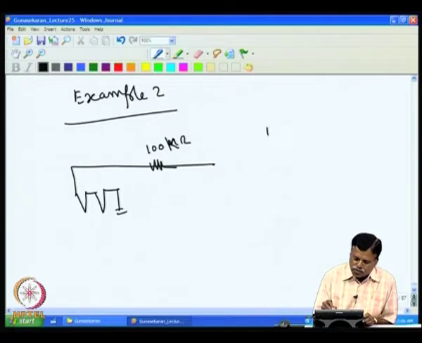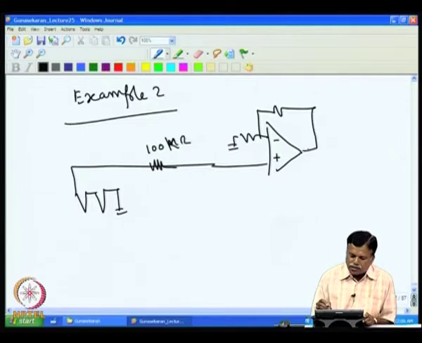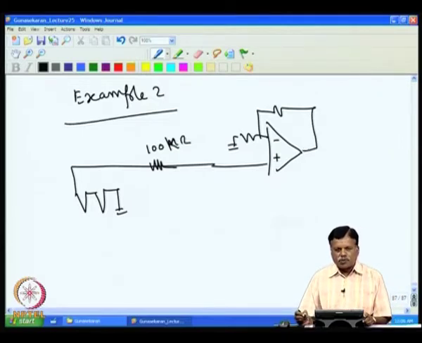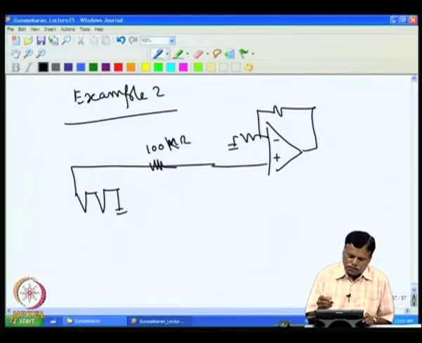Then I connect this to the operational amplifier with some gain, say a gain of 25, and I use some general purpose op amp, and then find out what the error is due to this.